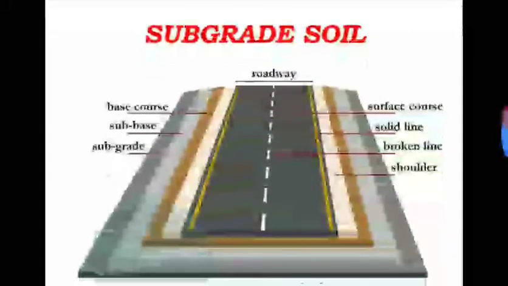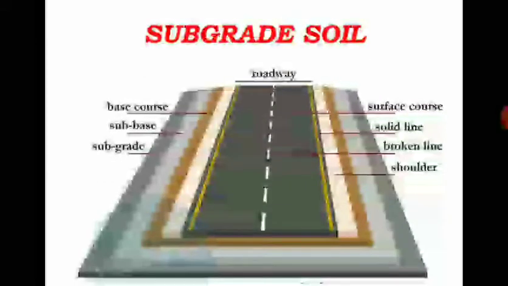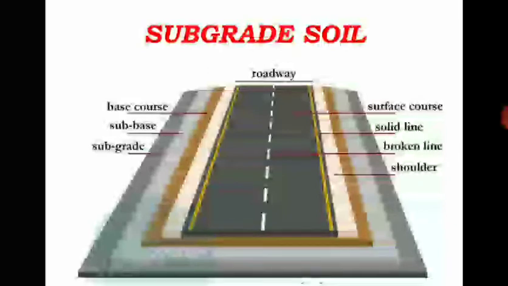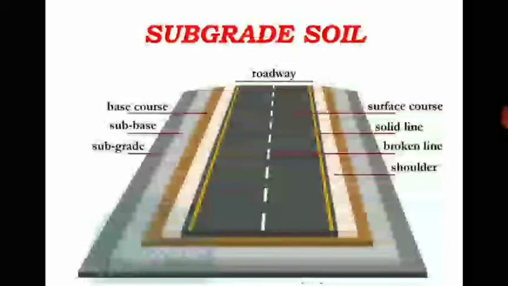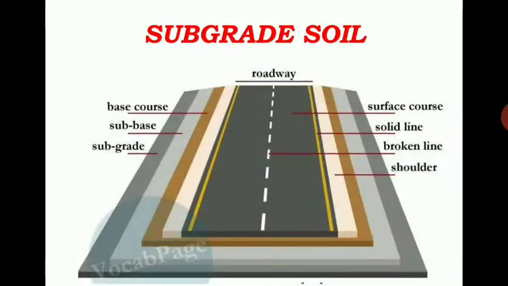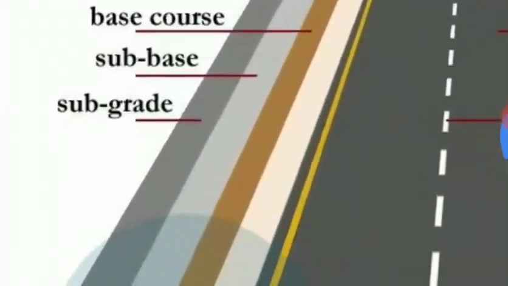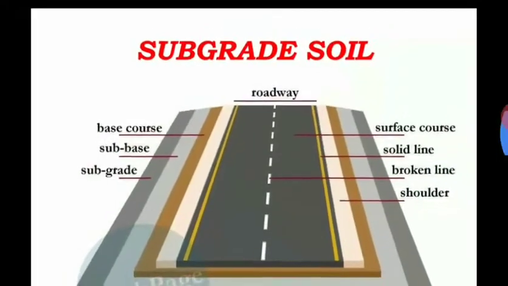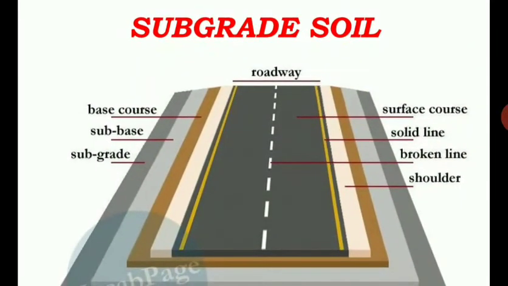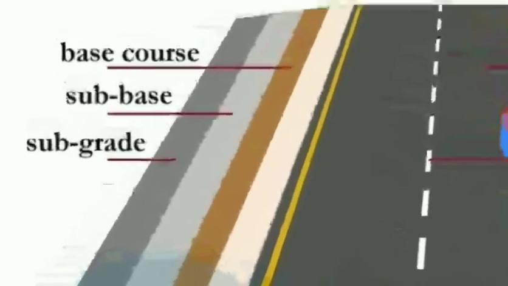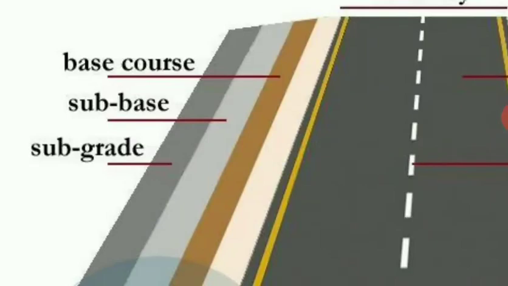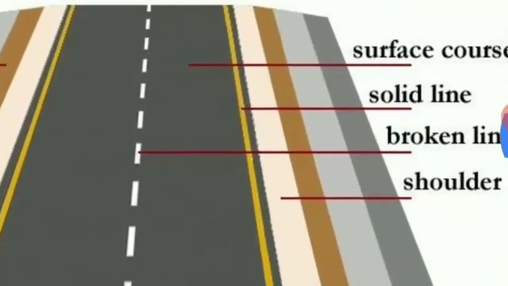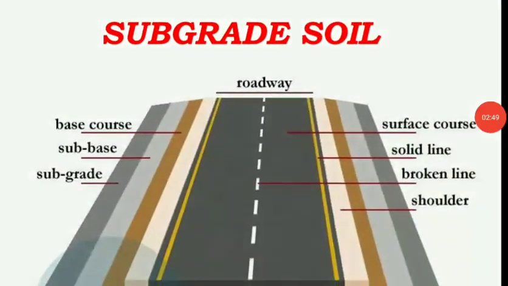So, subgrade soil. Here you can see in the diagram the different layers, given with different colors. The first one is this subgrade. Usually the subgrade, which is the bottommost layer of the pavement, is going to carry the entire load, which is transferred through the subbase, base course, and then the surface course.